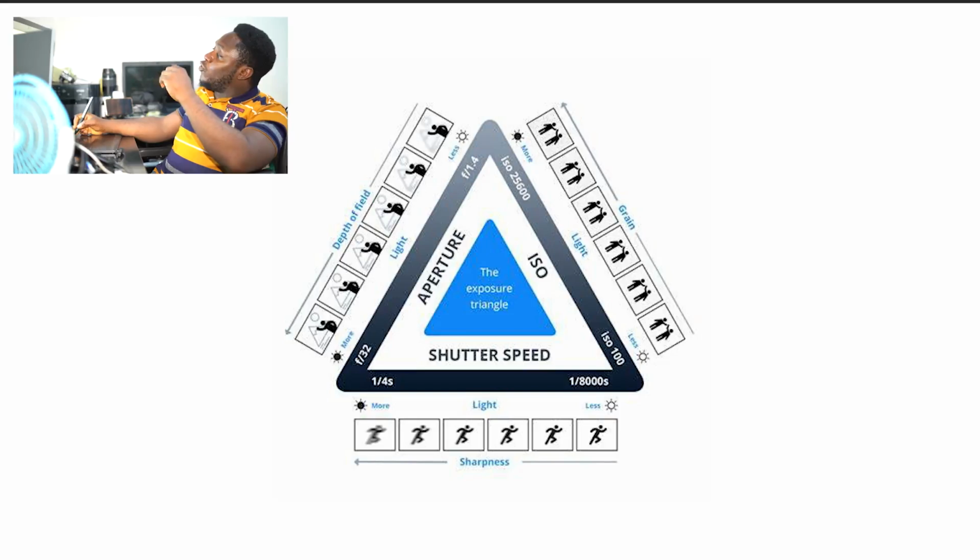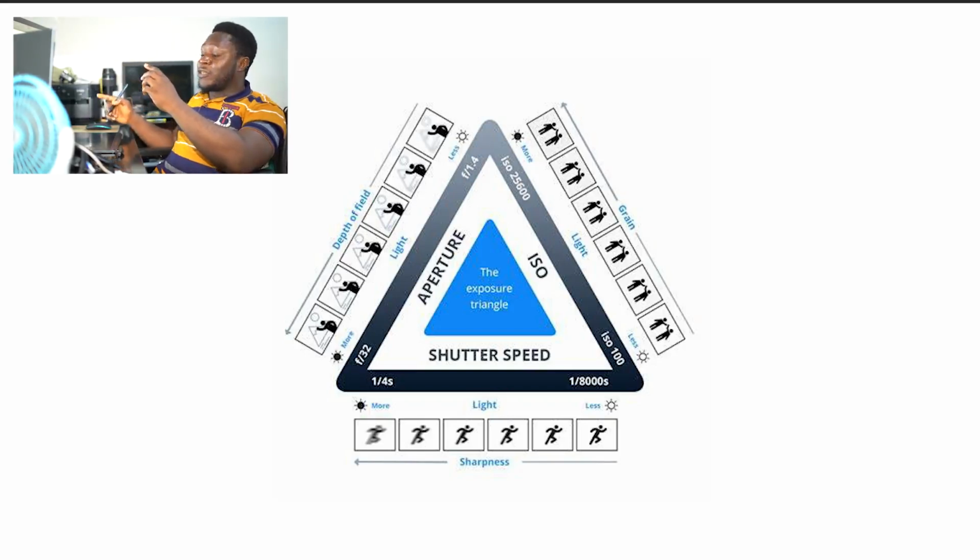But these rules are meant to be broken. Every rule in photography is meant to be broken. The more you are able to break those laws in photography, the crazier you will be. I know that when I'm increasing my aperture, I should be decreasing my shutter speed to maintain perfect exposure.